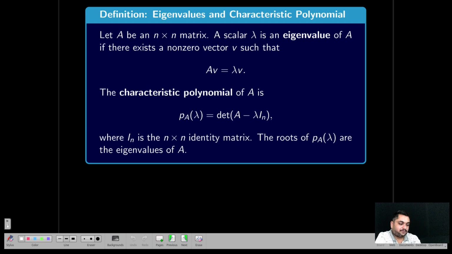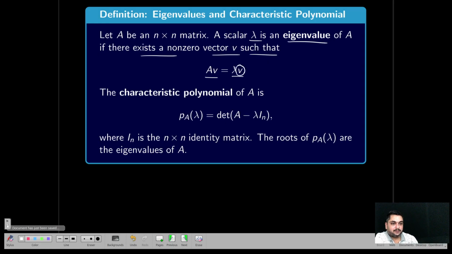Let's see a formal definition. Let A be an n cross n matrix. The scalar lambda is an eigenvalue of A if there exists a non-zero vector v such that A v equals lambda v. So that's what I said: you are transforming a given matrix into another vector.